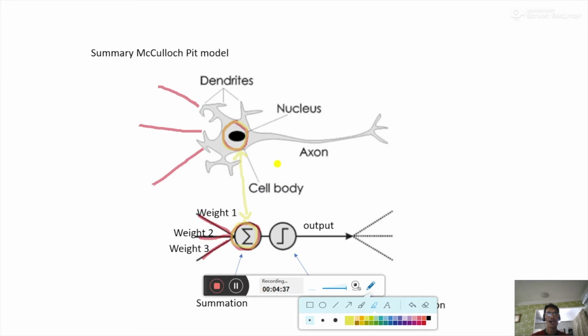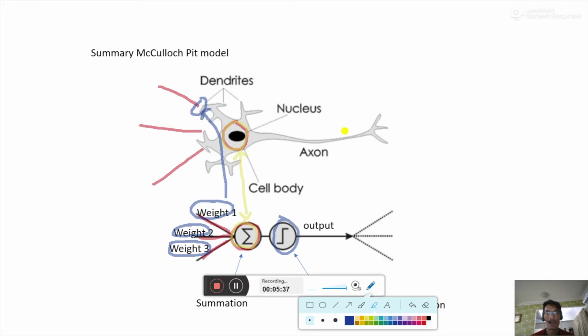And the synapse, so this is the synapse: weight, weight, and weight, and the activation function. All of these three together are the synapse. So that's how the McCulloch-Pitts model works for the neuron.